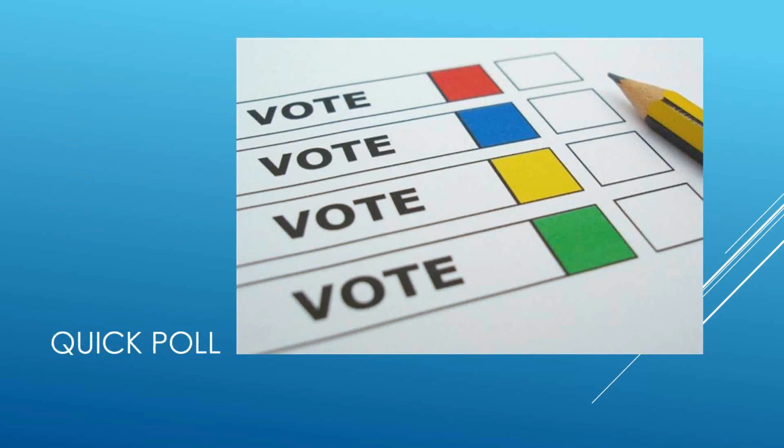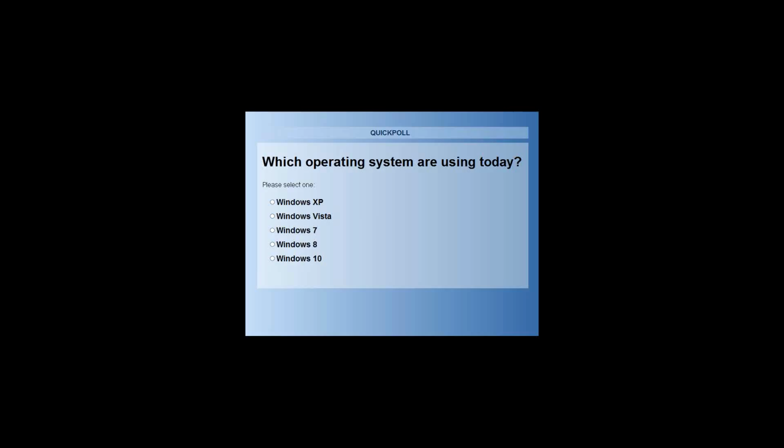So just a quick poll here, Henry, if you could pull that up. A quick poll of what the most commonly used operating system is among our attendees. We can show that poll to them. We'll give them a couple minutes to answer. So everybody go ahead and click on the screen. You can vote on the poll.